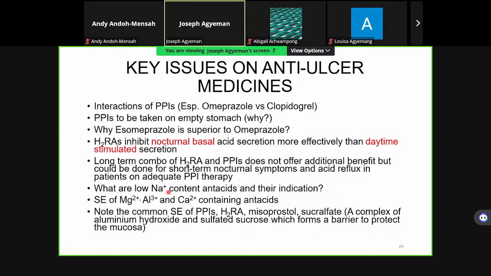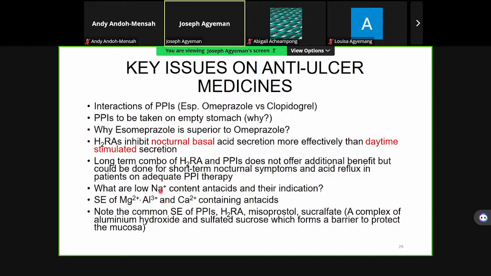And when do we say that an antacid is a low sodium content antacid? It is when, if it's a tablet, one tablet has not more than 1 millimole of sodium.